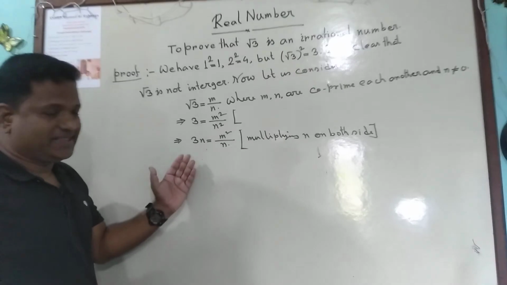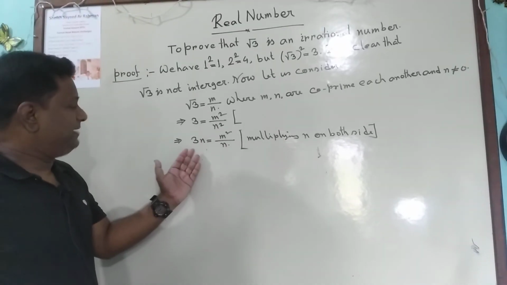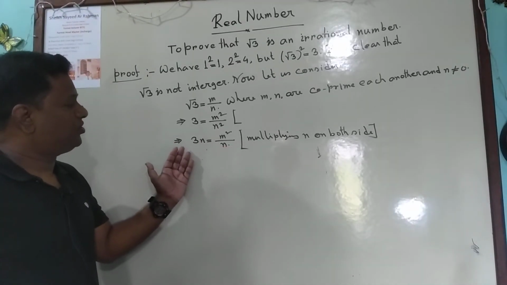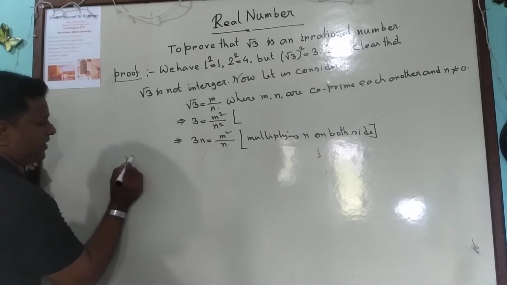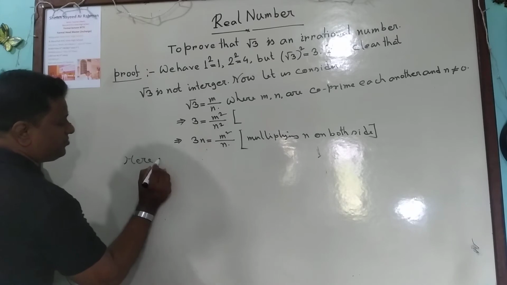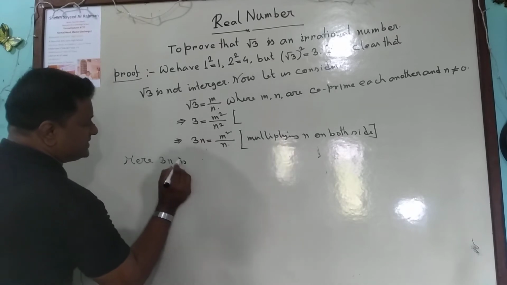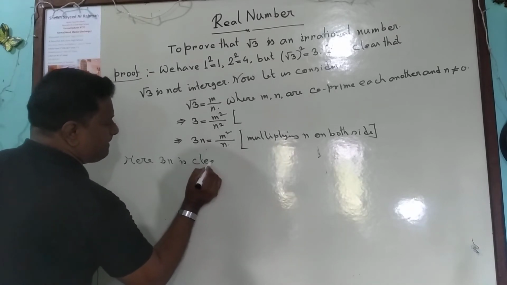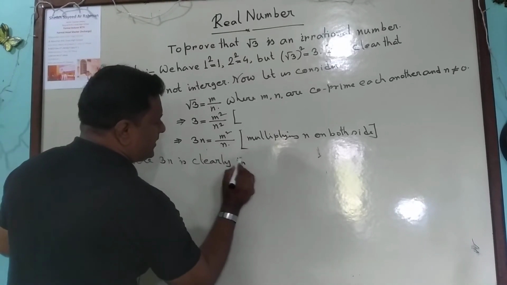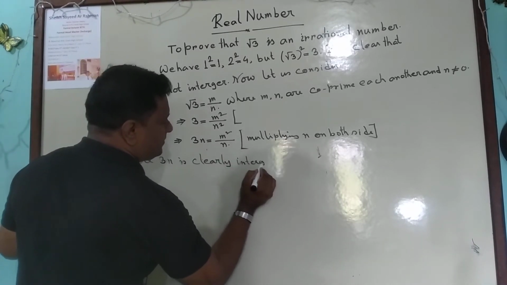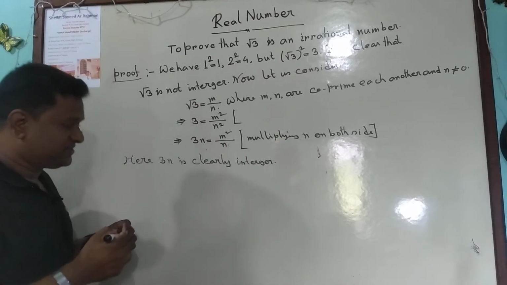It is clear that on the left side, 3n is clearly an integer. Why is 3n an integer?